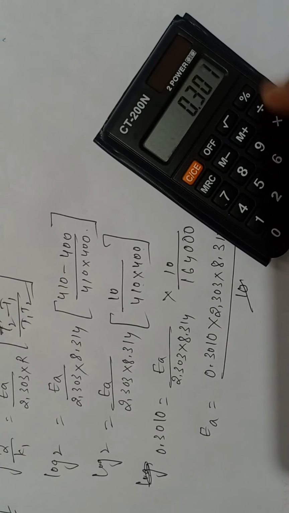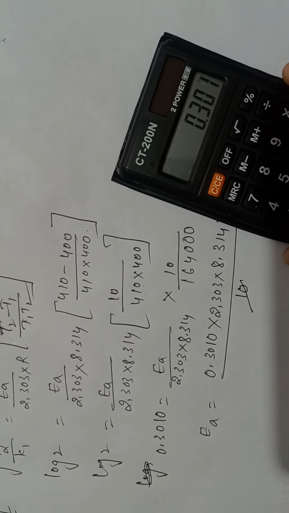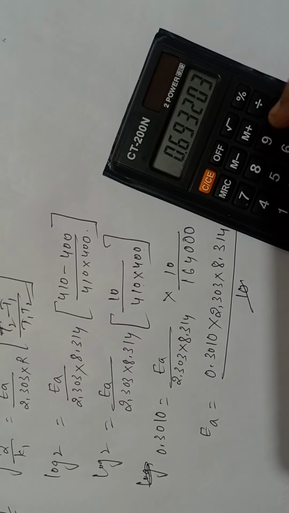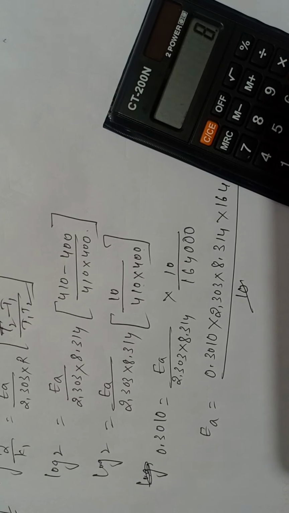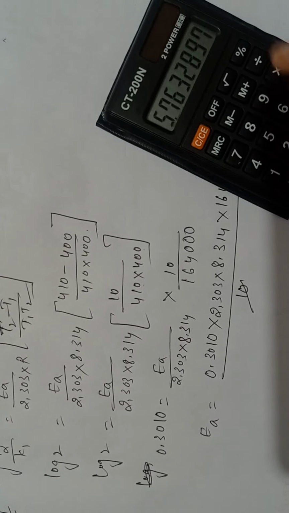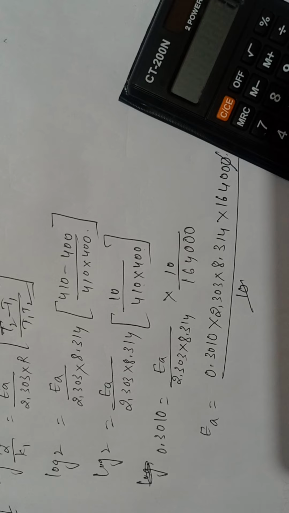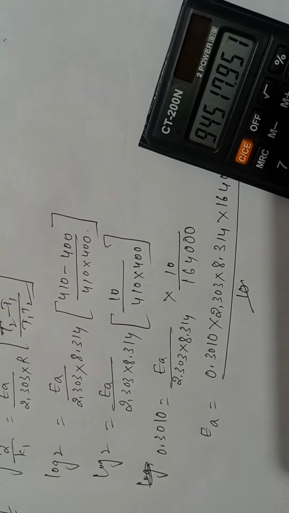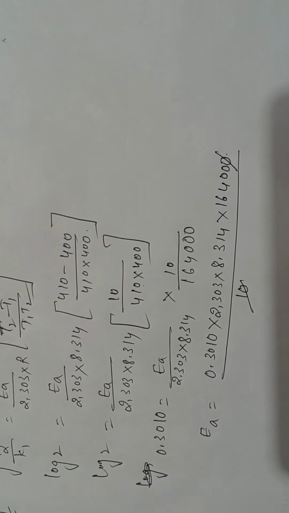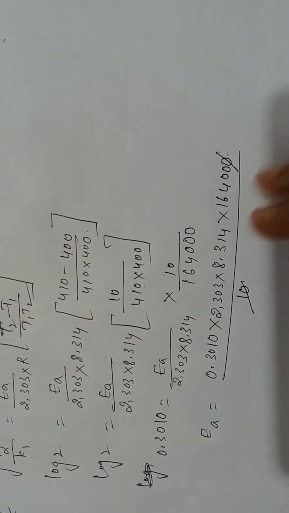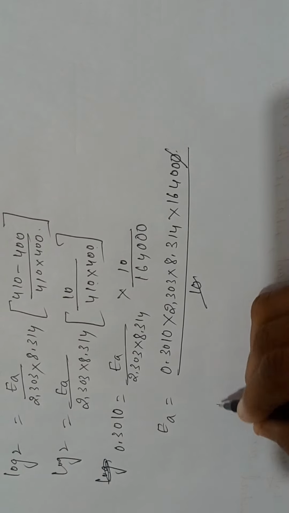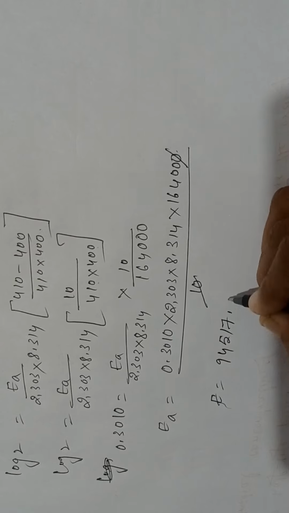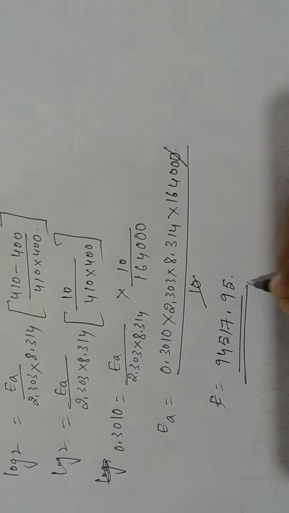0.3010 into 2.303 into 8.314 into 164 with two zeros. Clear? So how much did we get? The Ea value we got is 94,517.95.